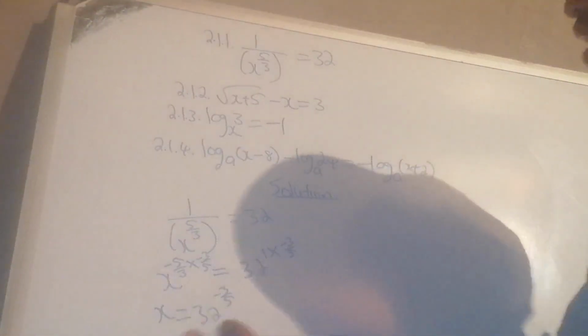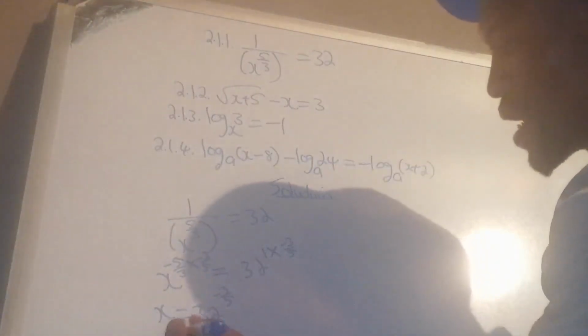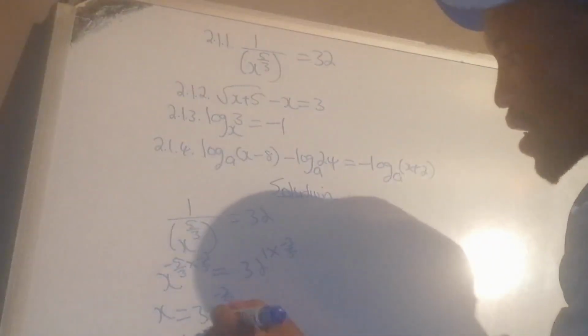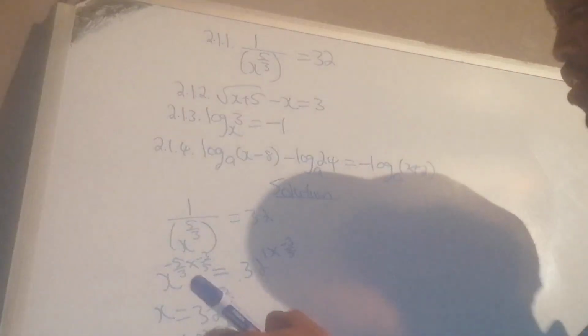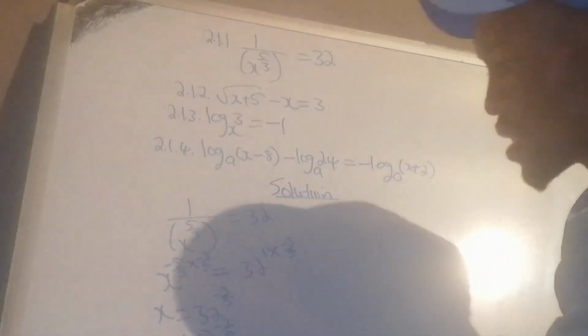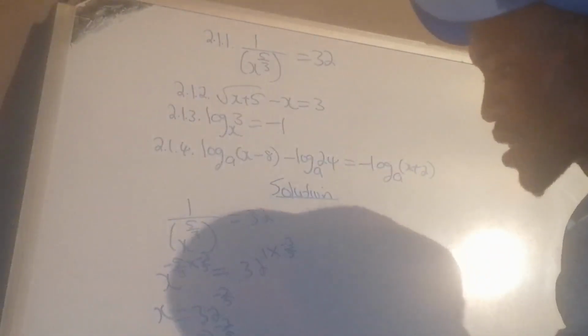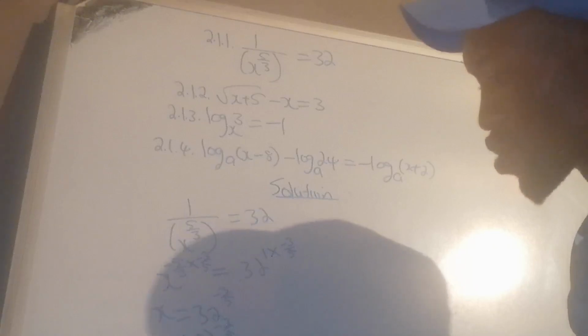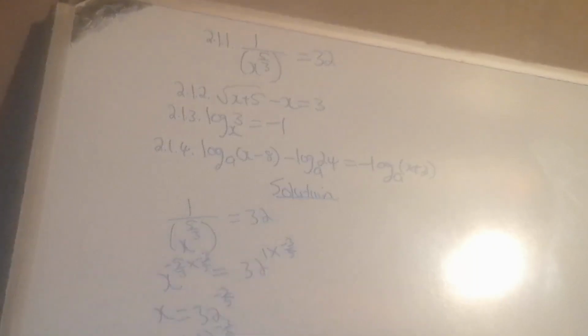And then I can write 32 as 2 to the exponent 5. The numerator, denominator goes once. You have 2 to the minus 3, which is 1 over 2 to the exponent 3, which is 1 over 8.